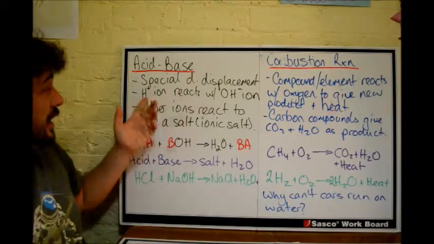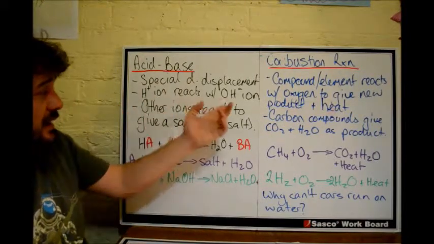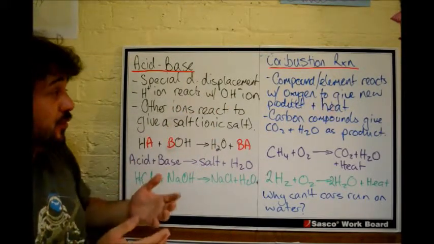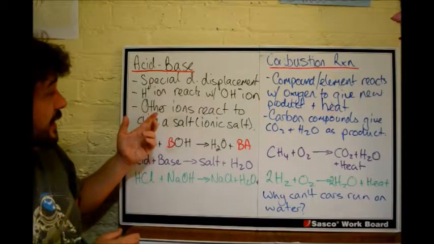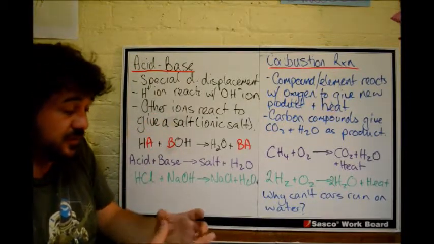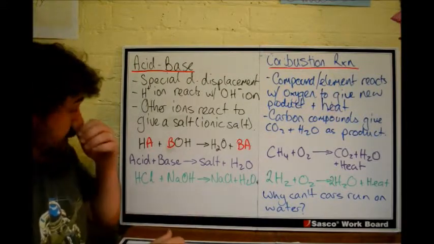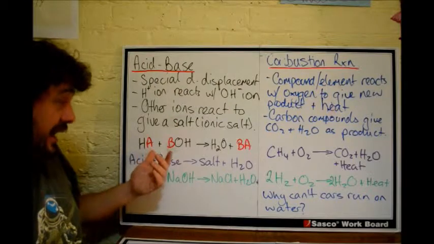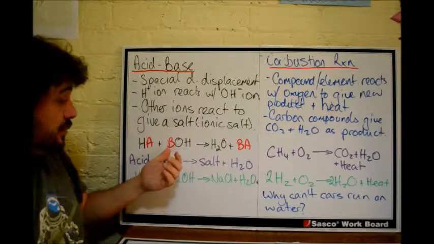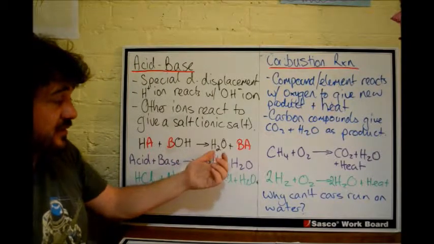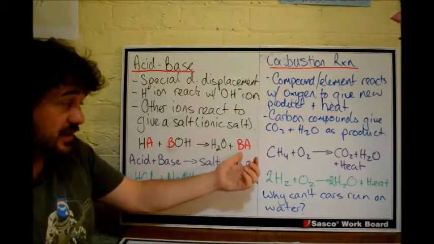So the hydrogen ion and the hydroxide ion, they react together to form water. Okay, the other ion give a salt, so an ionic salt, so a metal plus a non-metal put together, and it has this formula. So the generalized equation is HA, that's just the ion, B, again that's the other ion, OH, go to give us water plus the salt.